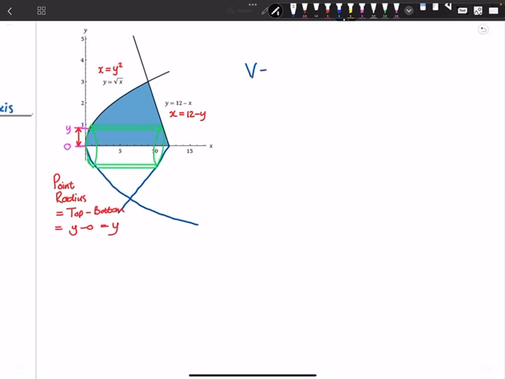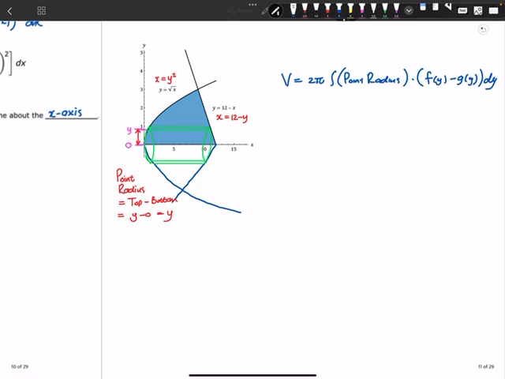So volume is equal to 2 pi times the integral of the point radius times f of y minus g of y dy. We're going to be integrating with respect to y.